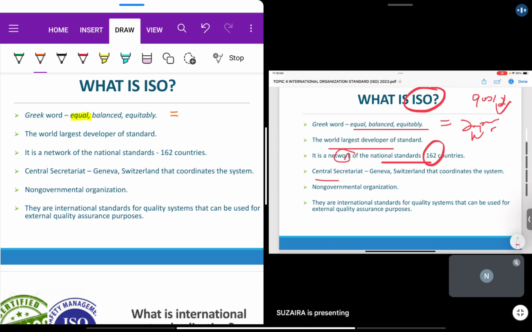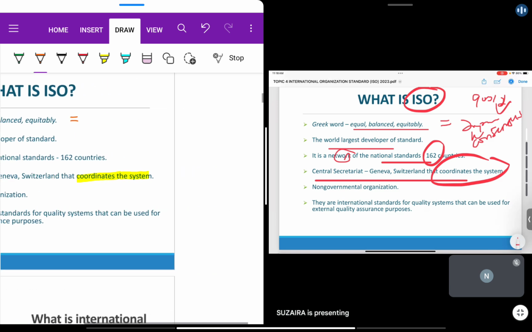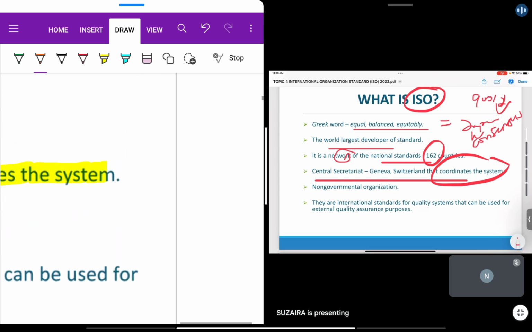The Central Secretariat is in Geneva, Switzerland, and it coordinates the system. So whenever we talk about ISO, it relates to consensus. Consensus means the agreement. So the agreement is like you have to sit in some sort of meeting and sit together, and from there we agree to certain specifications or requirements.